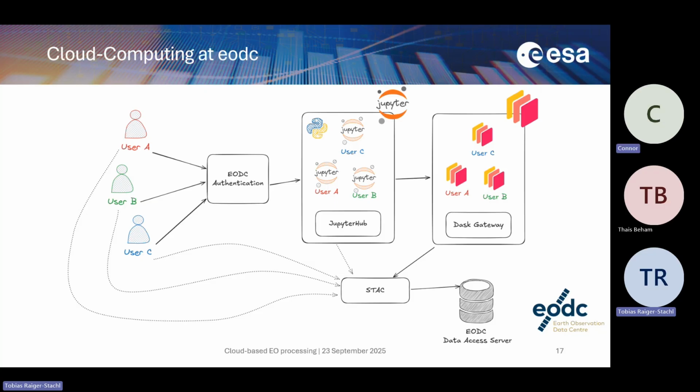But the user can also, using, for instance, a STAC browser or a web browser, directly see what kind of STAC collections we offer, and those STAC collections or STAC items have a reference to the data which is stored at our storage endpoint.